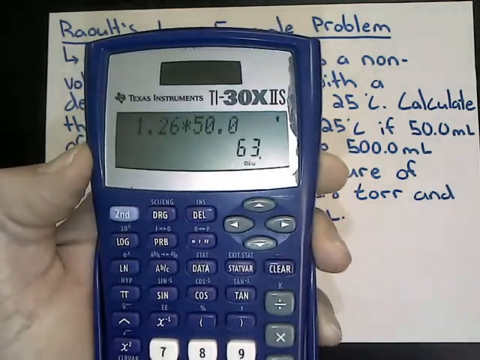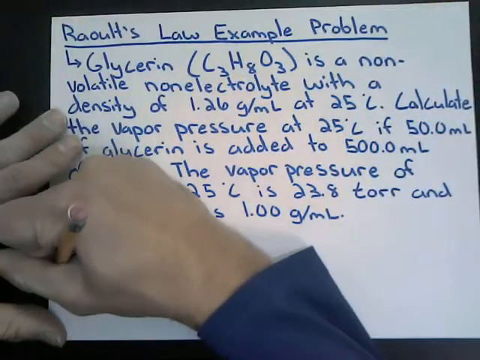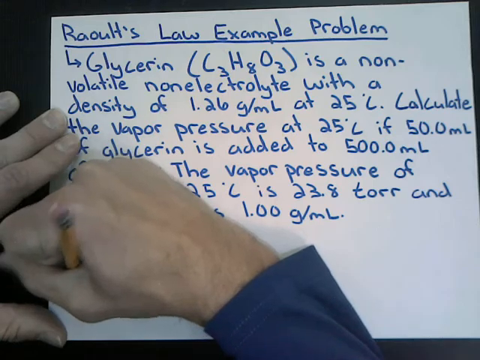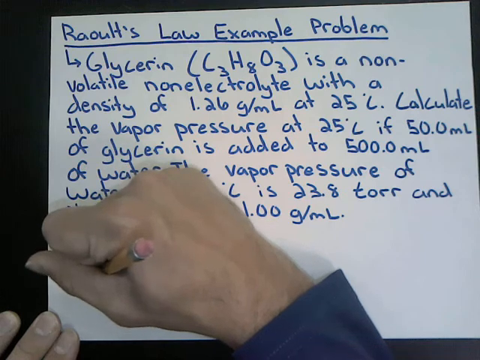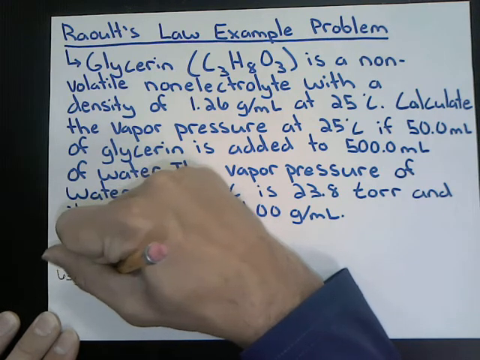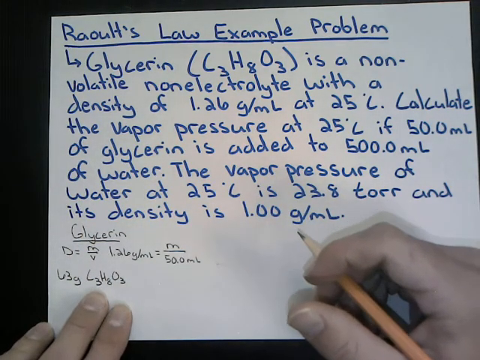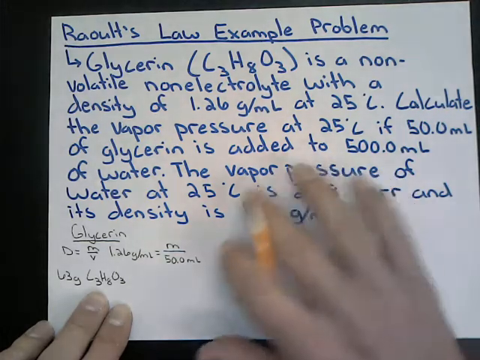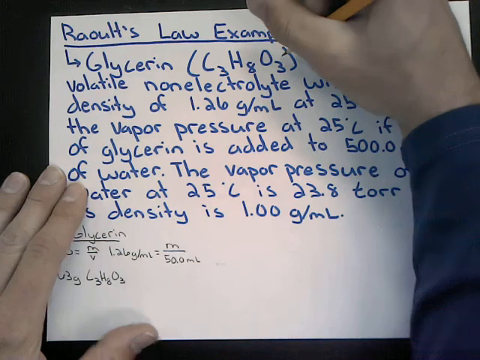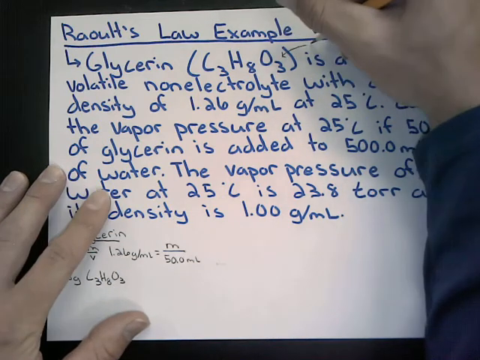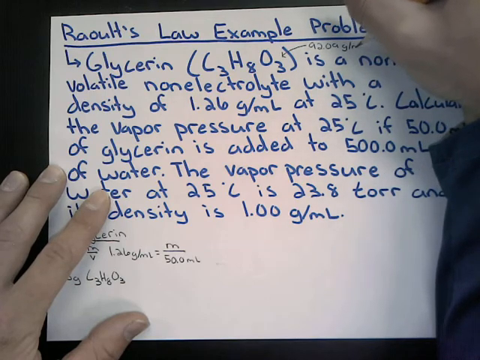When I do that, I get the value 63, and that 63 is the number of grams of glycerin. I'm going to put the formula for glycerin, C3H8O3. Now, in my mole fraction I need not grams of glycerin, but moles of glycerin. To save some time, the molar mass of glycerin is 92.09 grams per mole.